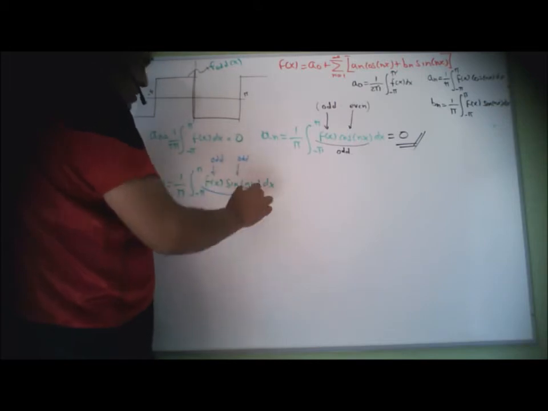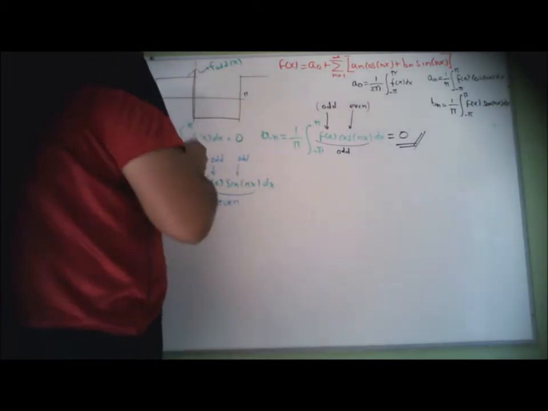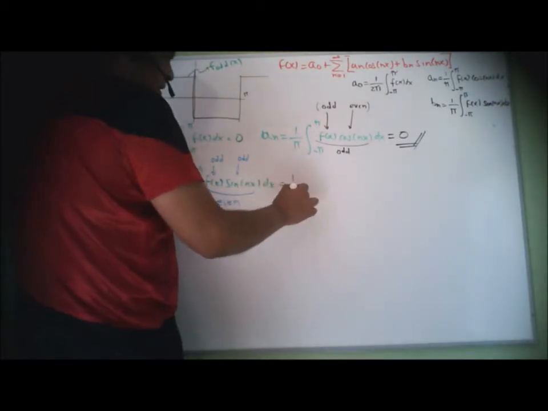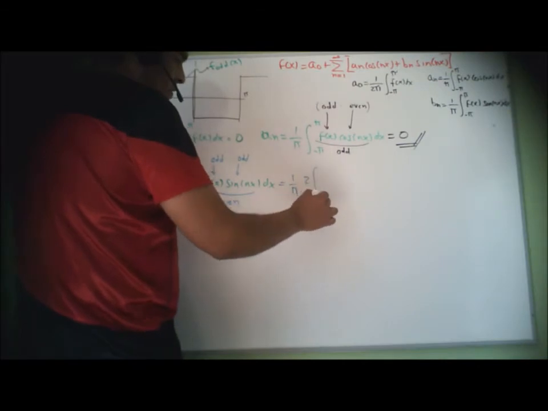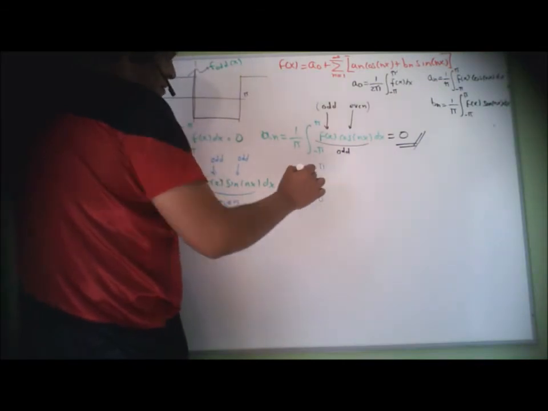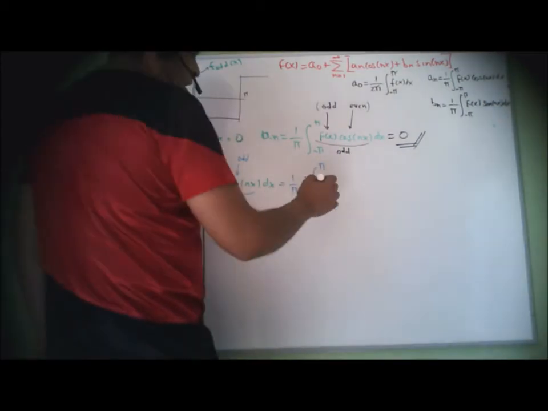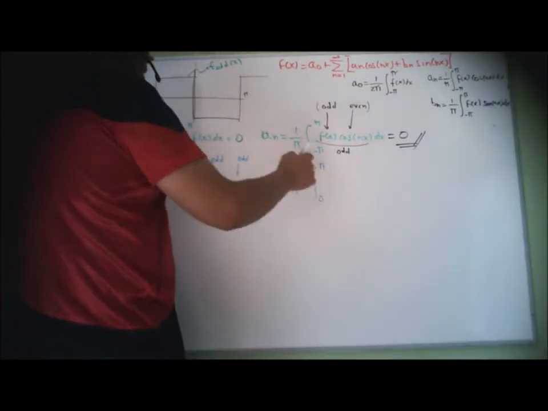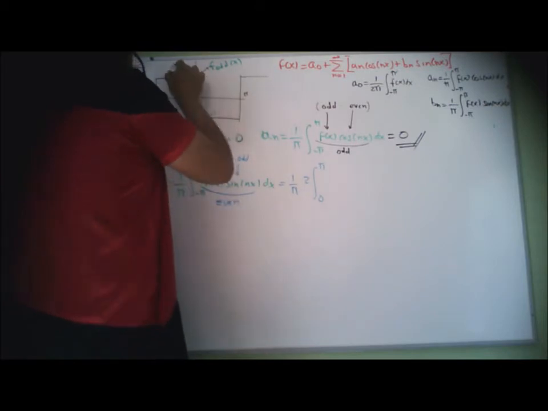So the multiplication is going to be even, alright? So we do have a result here. It's going to be 1 over pi. Because it is even, I can do 2 times the integral from 0 to pi, only one section, because it is an even function. So it's going to be f of x. From 0 to pi, how much is the value of the function? It's actually minus 1, and here 1.